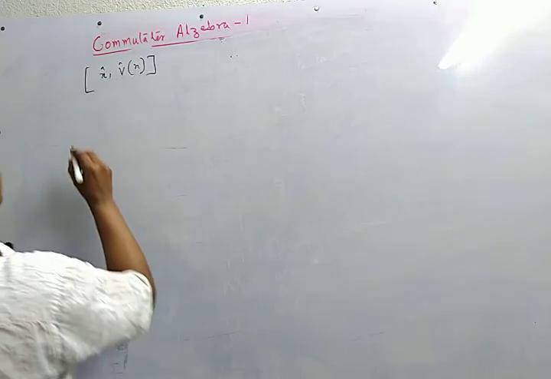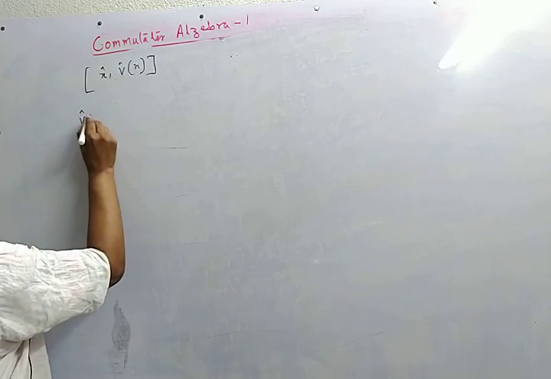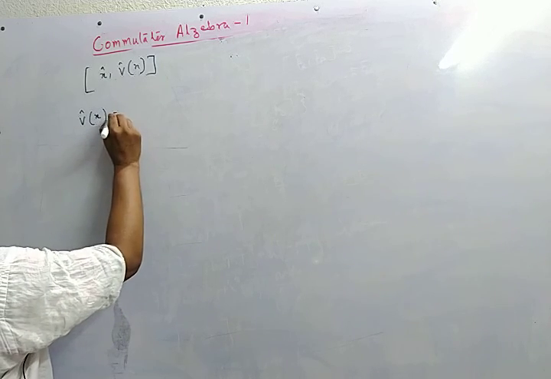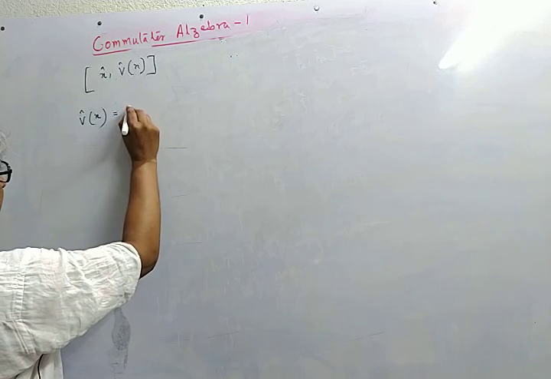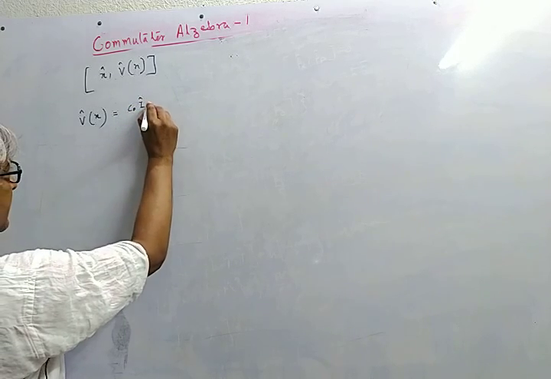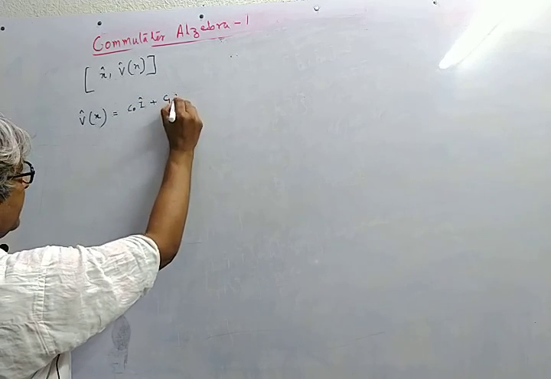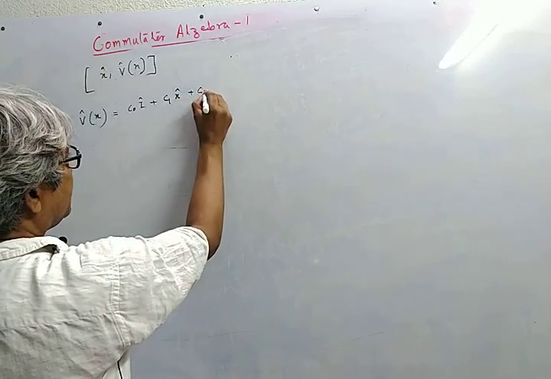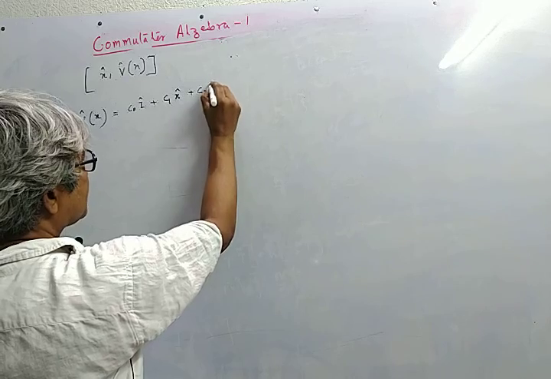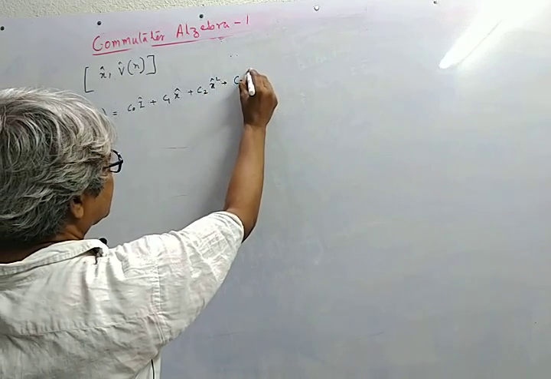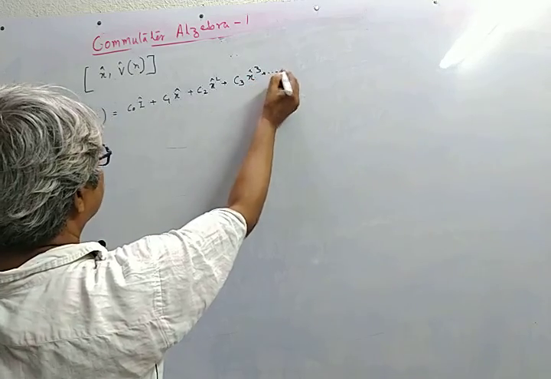Now the operator V, since it is a function of x, one can expand it in a Taylor series and we write it as C0 identity operator plus C1 x operator plus C2 x squared operator plus C3 x cubed operator, and so on and so forth.